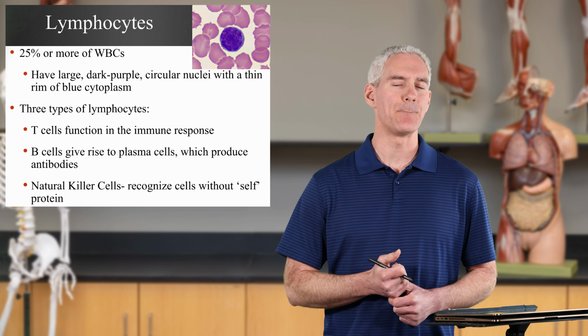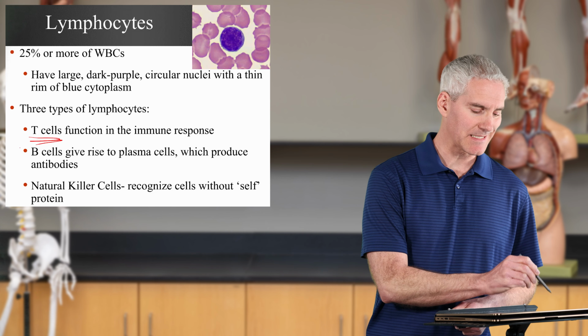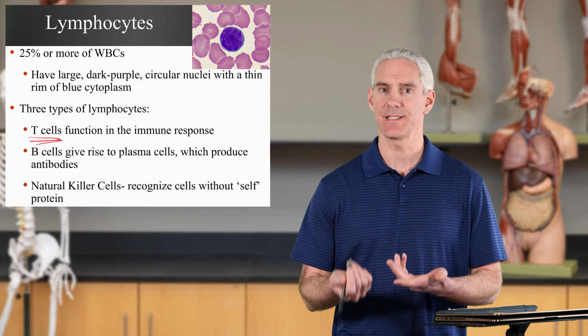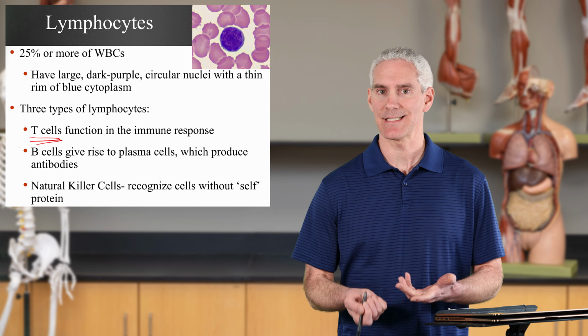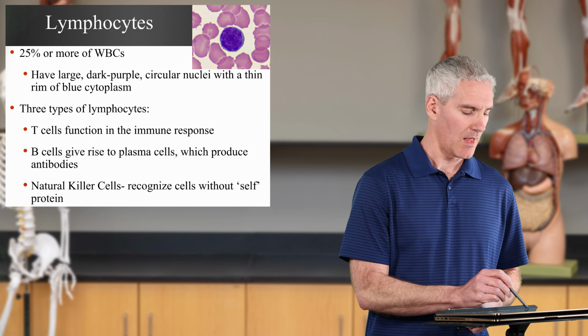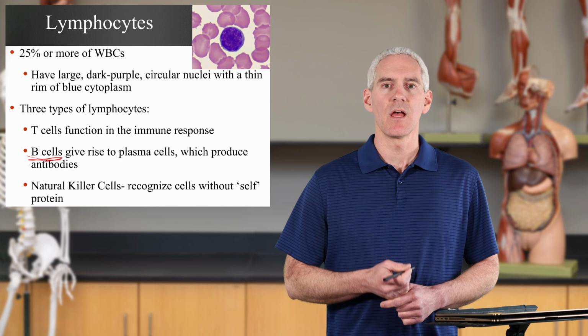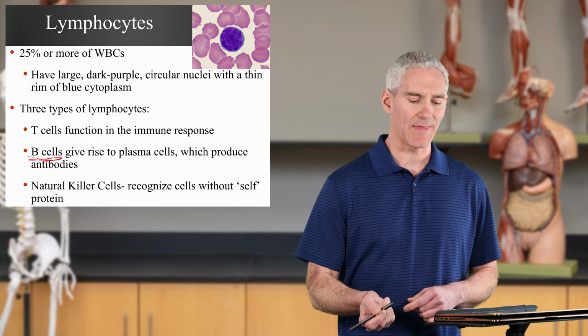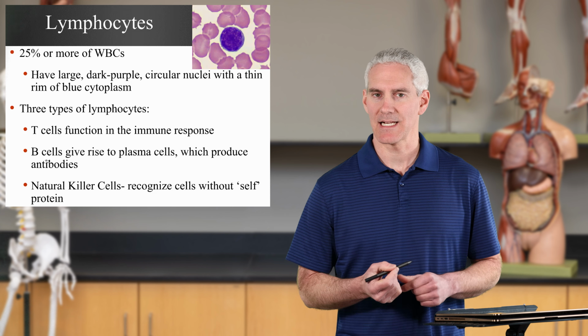There are three main types of lymphocytes. There is the T lymphocyte, also known as T cells. These T cells are going to help with your immune response. The B cells, or B lymphocytes, deal with antibodies. Now, it doesn't have a direct path to antibodies.